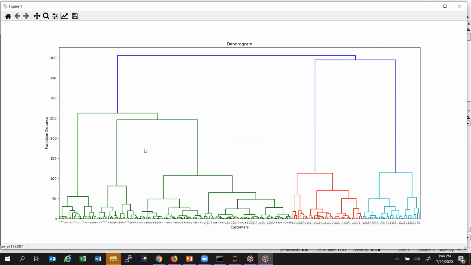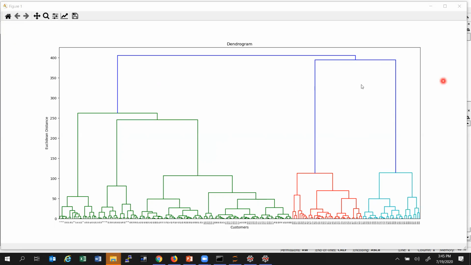Again here these two lines seem longest, right? Yes, these two lines seem longest. Now there will be two possibilities. Either you draw a line here.